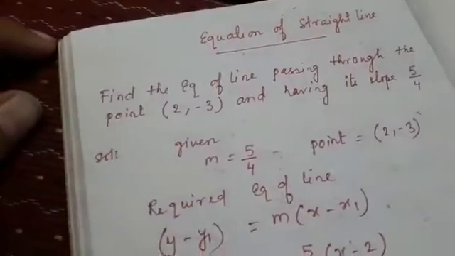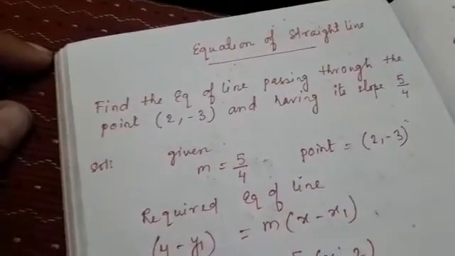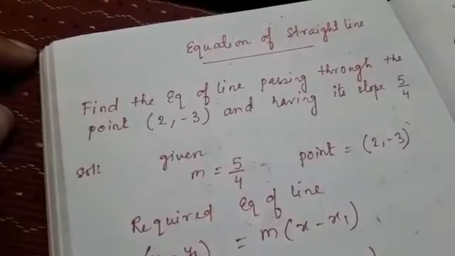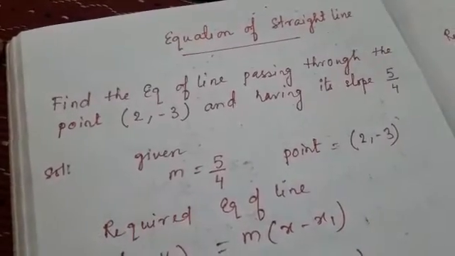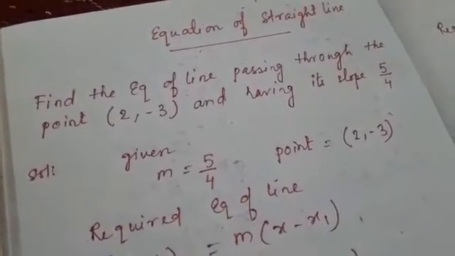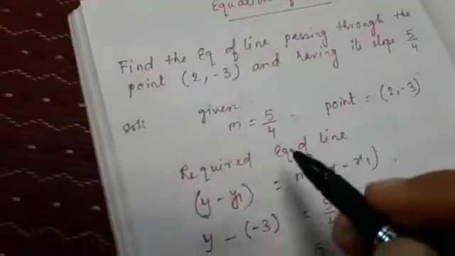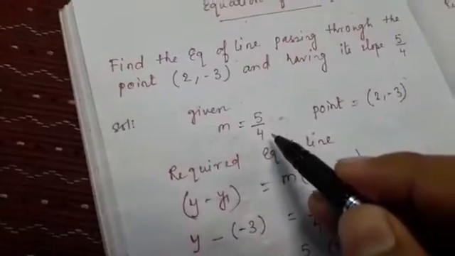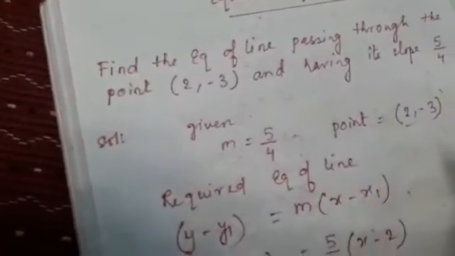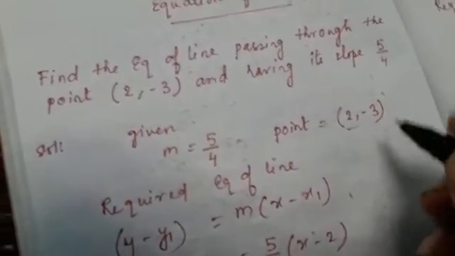So the question is, find the equation of the line passing through the point 2 comma minus 3 and having its slope 5 by 4. Now students, it is given in the question the slope is 5 by 4 and the point through which the line is passing is 2 comma minus 3.